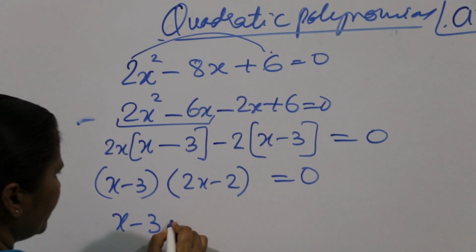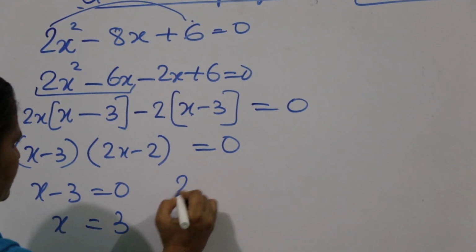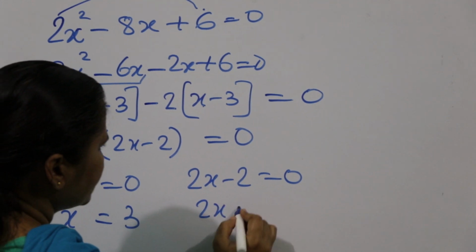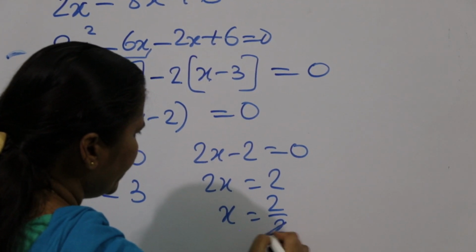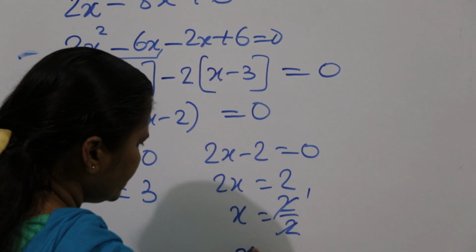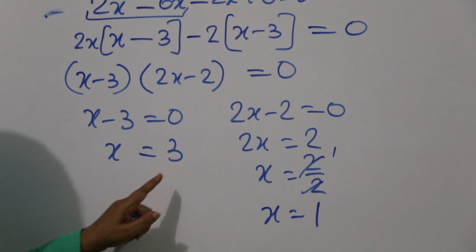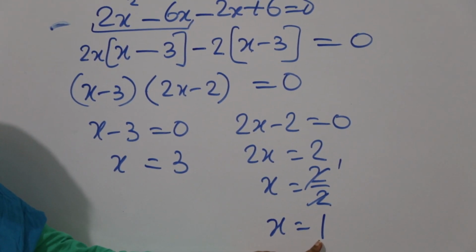So x minus 3 equals 0, x is equal to 3. 2x minus 2 equals 0, 2x is equal to 2, x is equal to 2 by 2, x is equal to 1. Now we have the zeros 3 and 1.